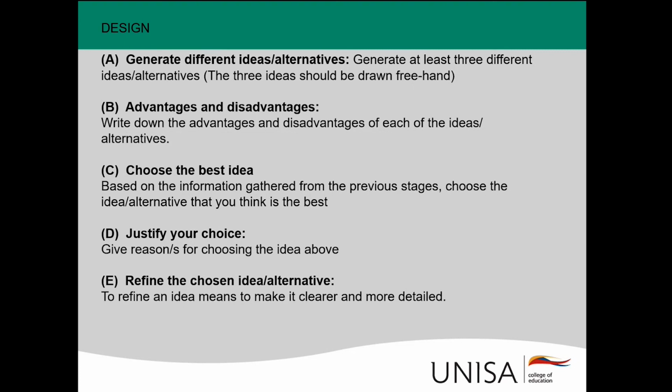Then after looking at the advantages and disadvantages and also the alternative drawings, which one serves as the best idea? Then you choose the best that you think will assist in solving the current problem. So you choose the best according to the drawings and also according to the advantages and the disadvantages.